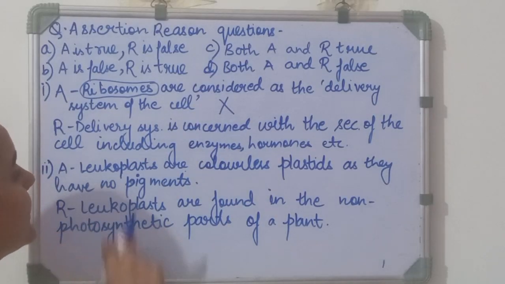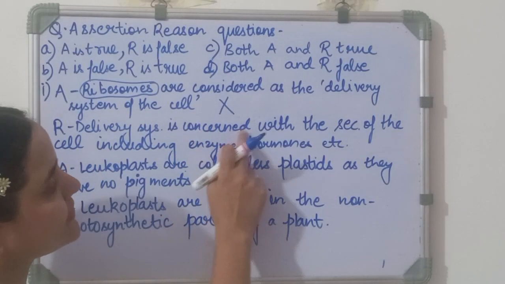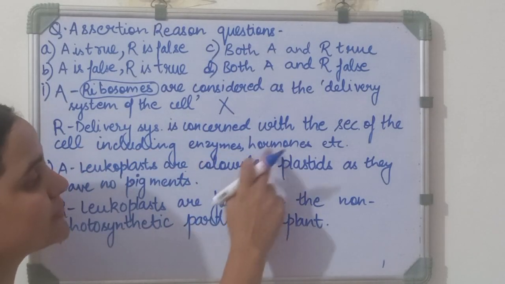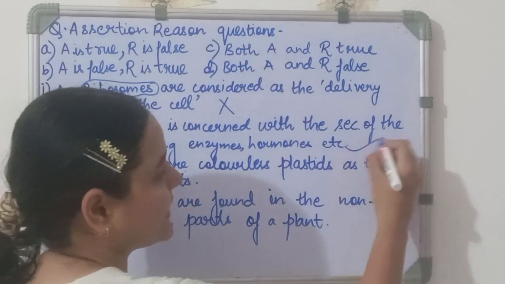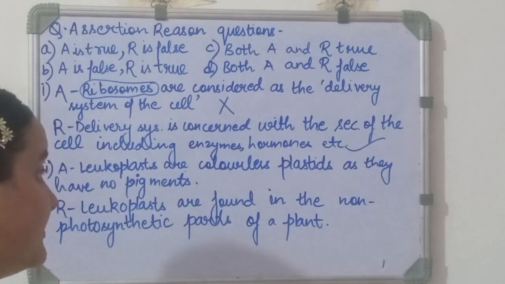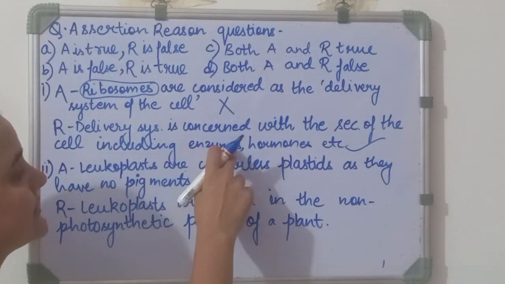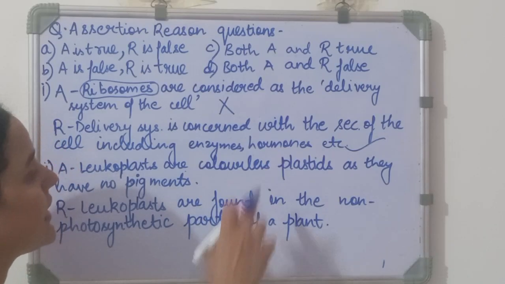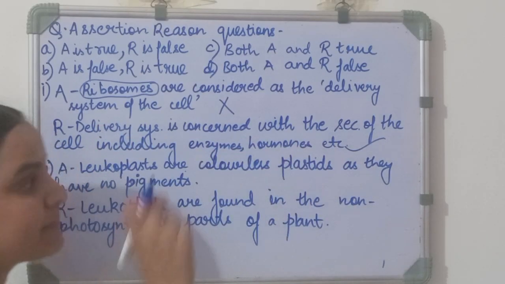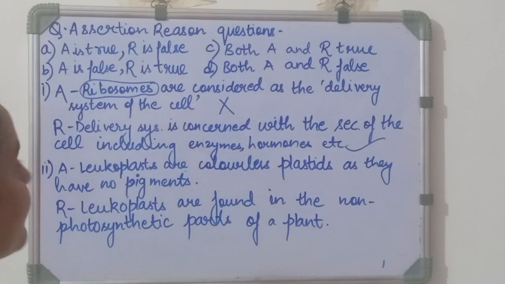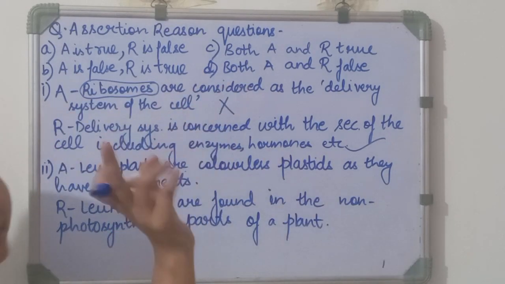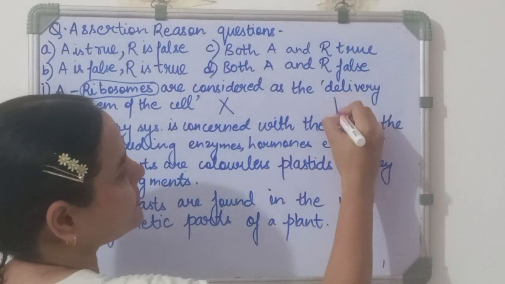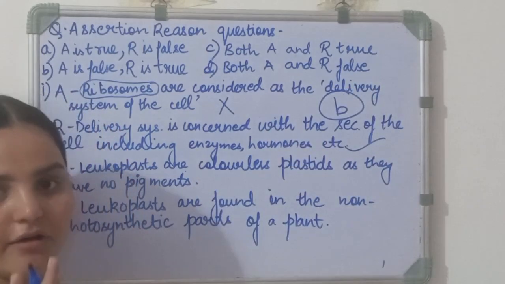Then reason: delivery system is concerned with the secretion of cell including enzymes, hormones, etc. Yes, this reason is correct because this is the function of our Golgi bodies. So the reason is correct but assertion is wrong. So we'll go with option B, because assertion is false and reason is true. Okay, now next question.